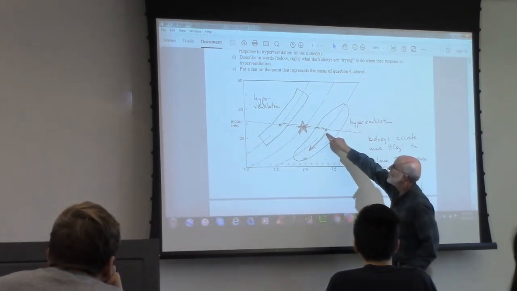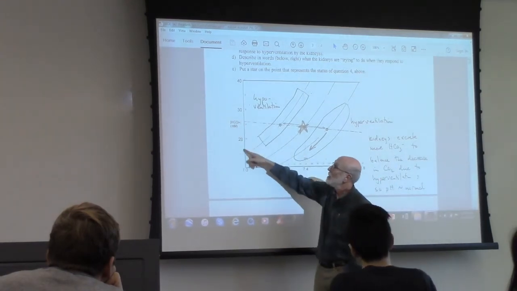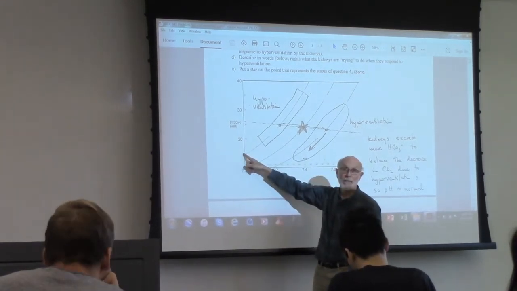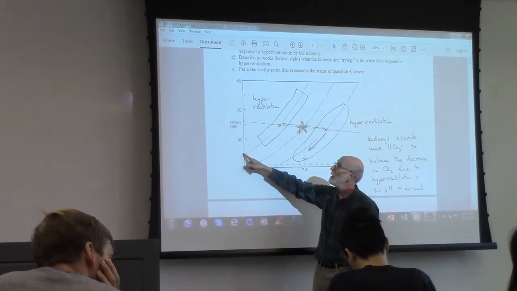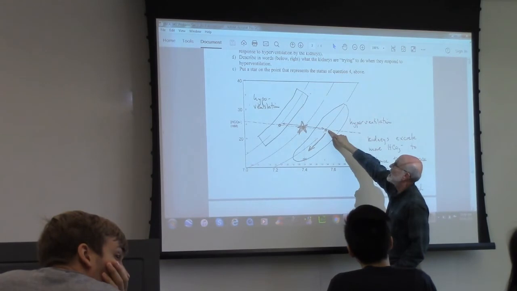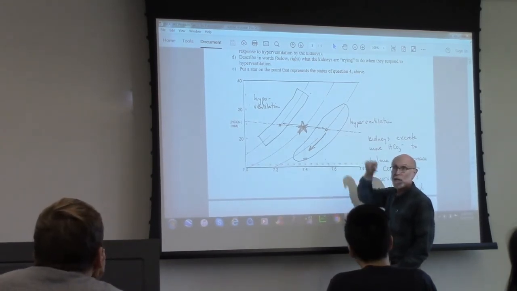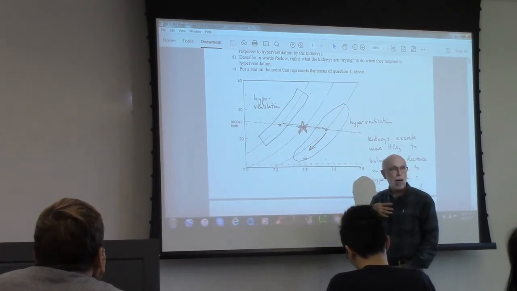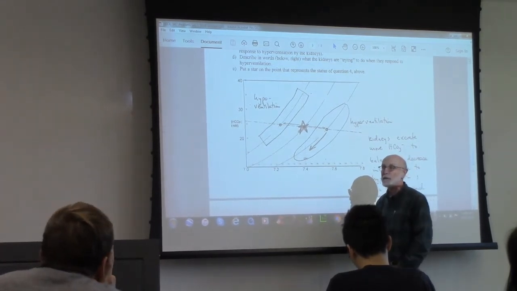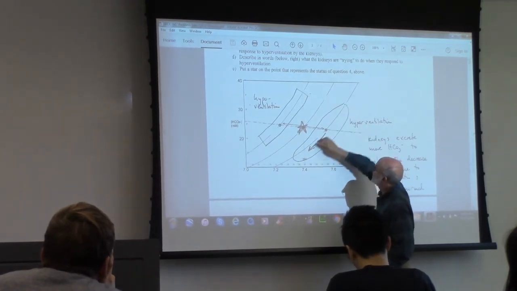So what the kidneys are trying to do is excrete bicarbonate. In this case, hyperventilation has a low pCO2, because you've blown off CO2. So this is a low pCO2 curve.